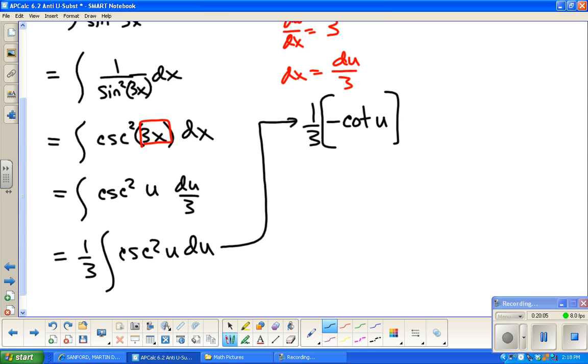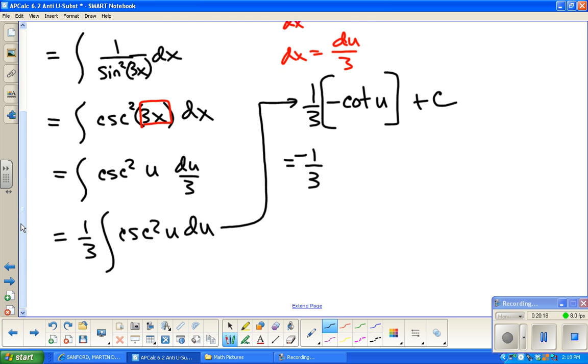Okay, plus C. And the only thing that needs to happen here is I need to change the u back to, and let's make that negative out front, the u needs to go back to 3x.